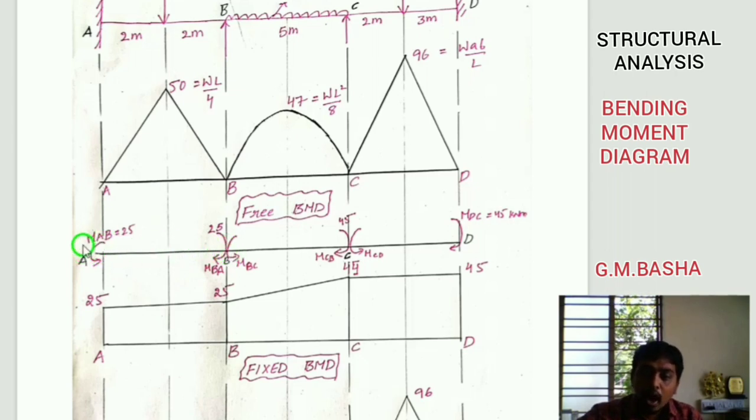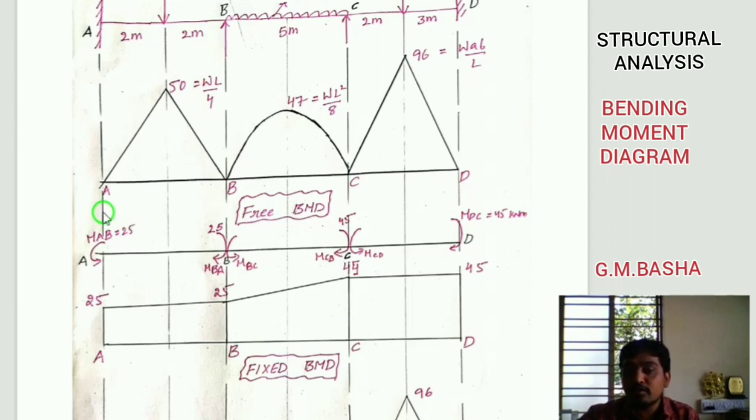Whenever an anti-clockwise moment is applied, the force acts on the beam like this, in the downward direction, and the beam will tend to move upwards. How much? The unit force applied here is 25 kilonewton meter, so that much movement will be there. The beam moved here to some A dash like that.